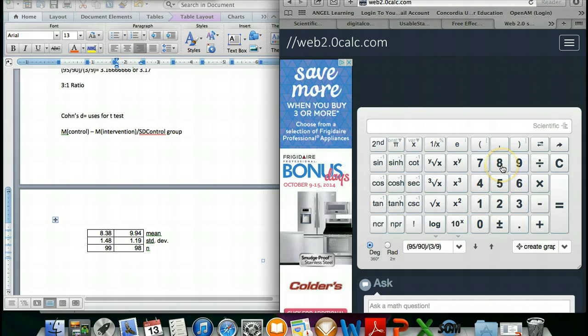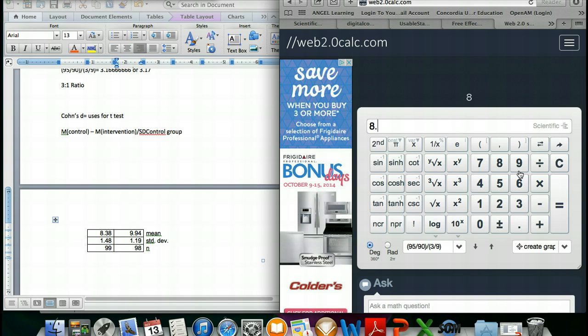We would take 8.38 minus 9.94, divided by 1.48. I probably did not have my parentheses right, so I'm going to split it up.